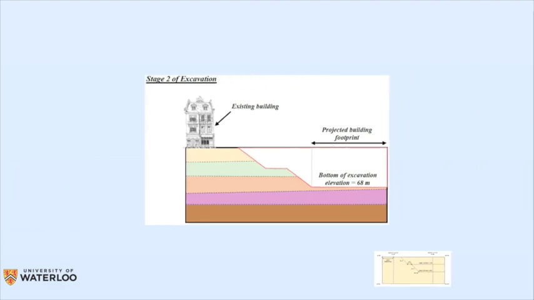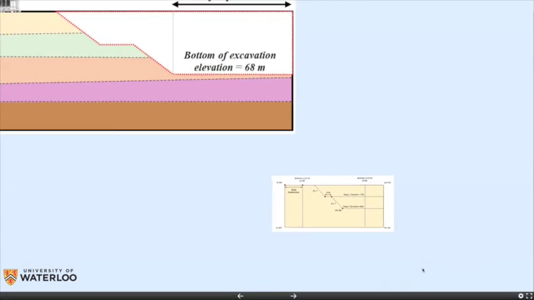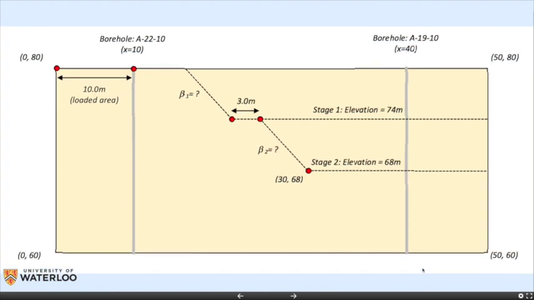So this is the second excavation. For the second part, there are some constraints. First, we have to consider in this area the load due to the existing building, which is 40 kilonewton per square meter.